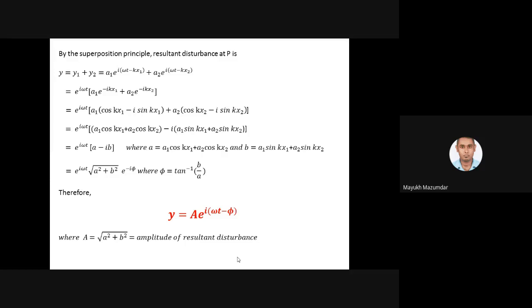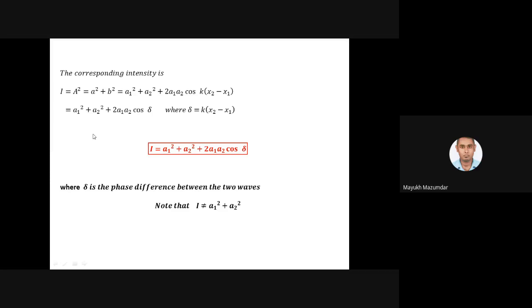Okay, so now we are not interested in the amplitude that much. We are interested in the intensity. Now, can anyone tell me what is intensity of light? What is intensity of light?